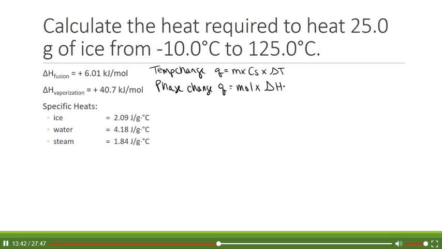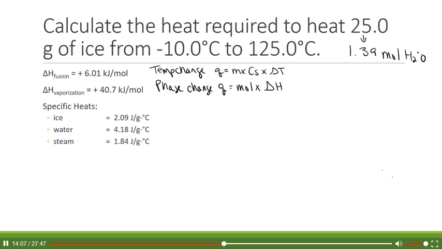So we've got all the information we need here. Since we are going to use moles, we need to first convert from 25 grams into moles. So we take our 25 divided by 18.01, and that gives us 1.39 moles of H2O.